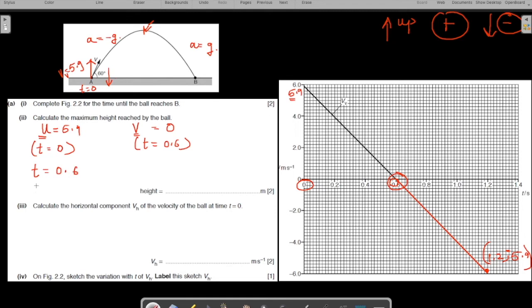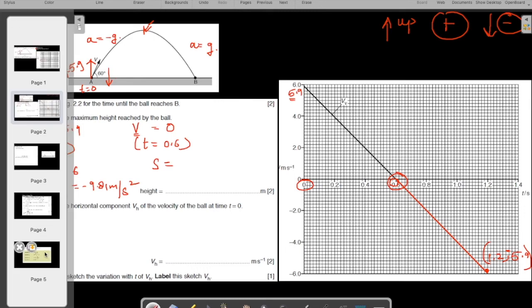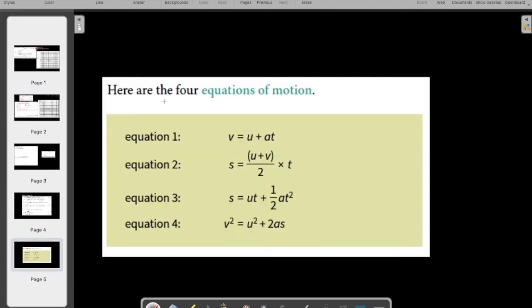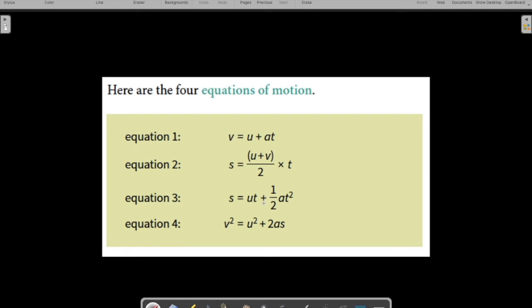What else do you know? You know the value of acceleration, which is minus g or minus 9.81 meters per second squared. Which formula do you think for calculating s makes sense? Let us go through the equations of motion. You can use the first formula, the second formula, or the third formula.